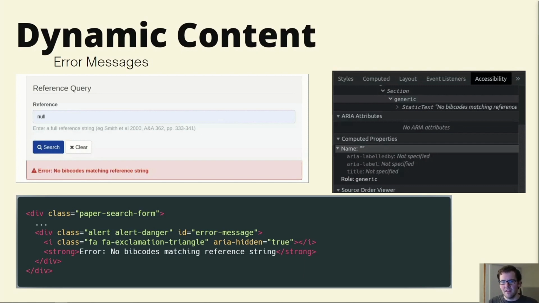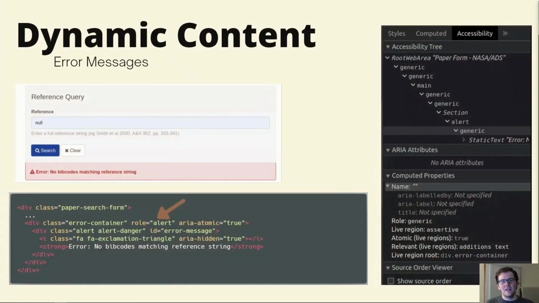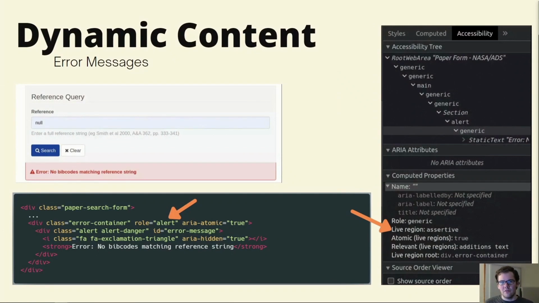And so with a really simple change, changing that to role alert, in this case, gives the live region an assertive setting, which basically will interrupt the user if they're listening to something else on the page and let them know that there was an error here. And at least it gives them an idea that something happened. Otherwise, they may not know.